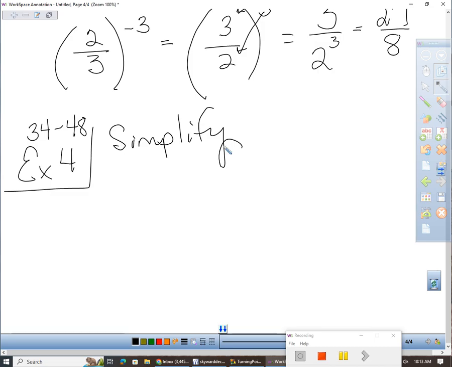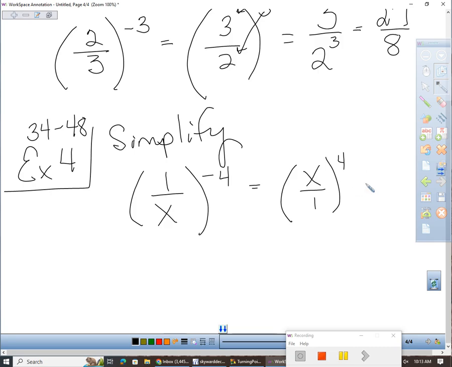And how about if I have 1 over x to the negative 4? So first we flip it. So you get x over 1, technically, to the positive 4. And then we distribute that 4 to everything on the inside. And we get x to the 4th.